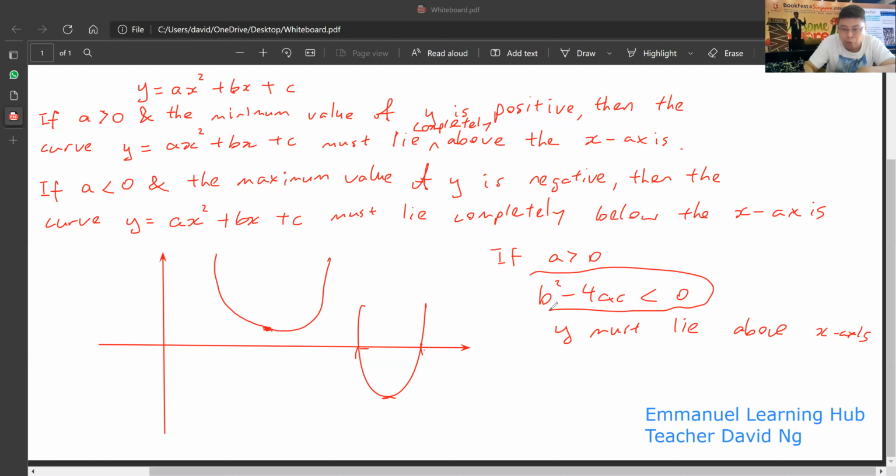Because this means no real roots. Only this kind of situation will happen.